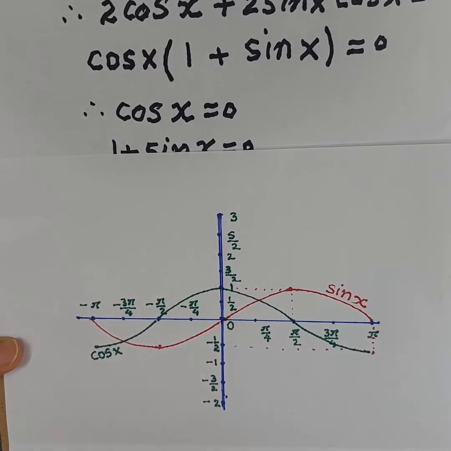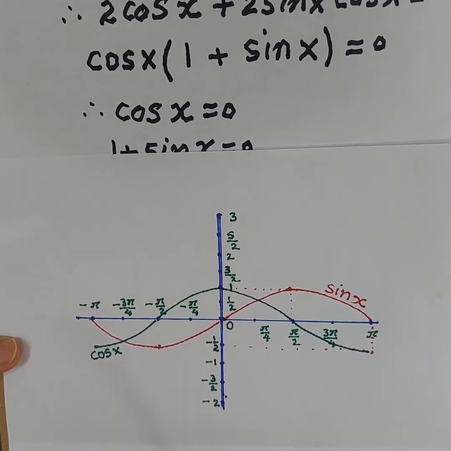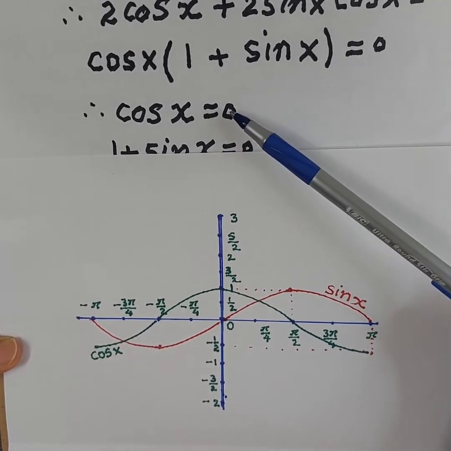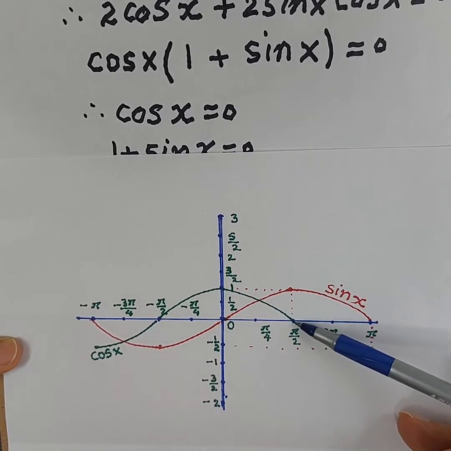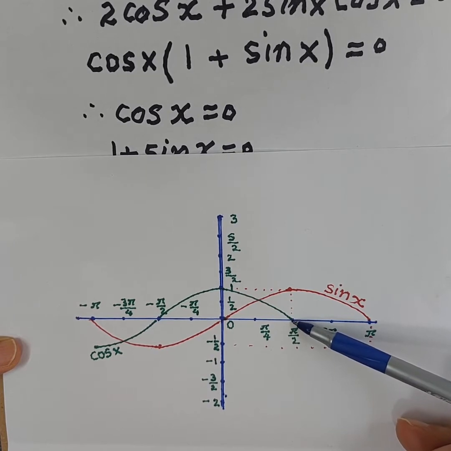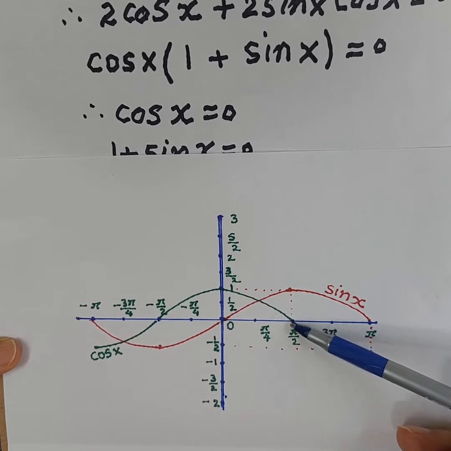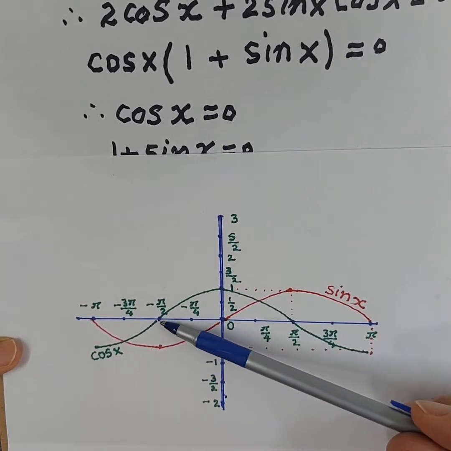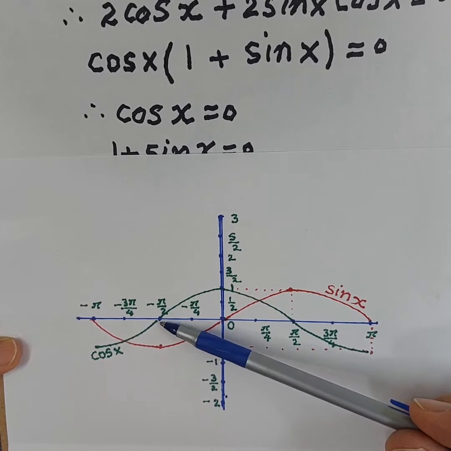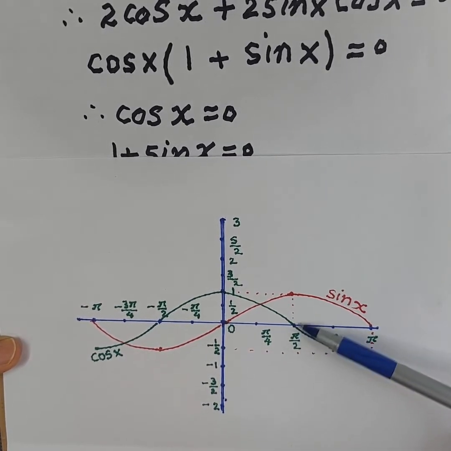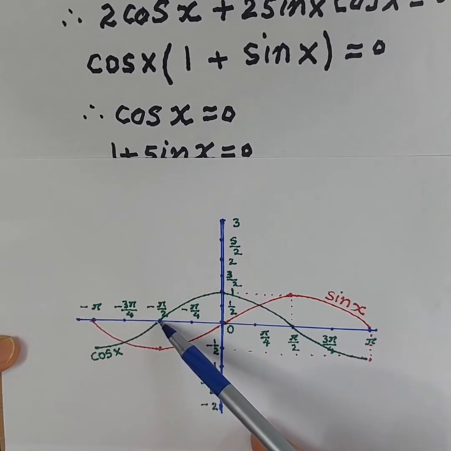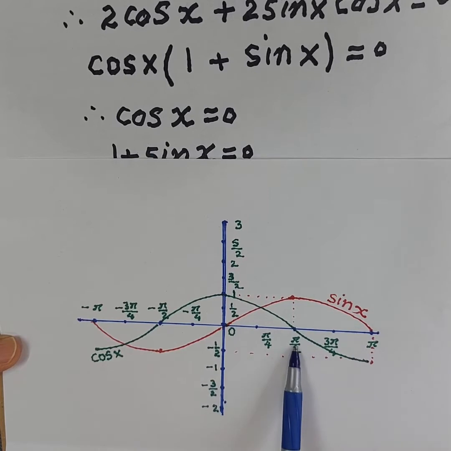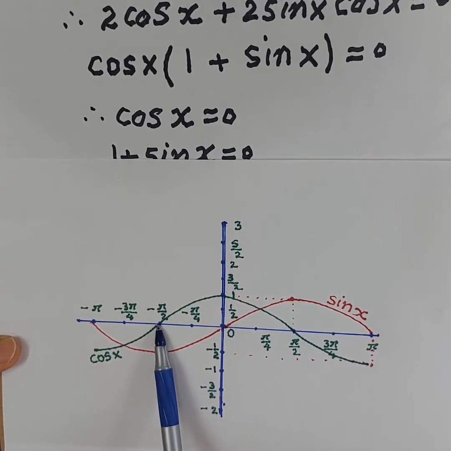When we study each one of those two graphs, we find cosine will be 0 here, which is the point of intersection with the x-axis, and here also 0. The first one is pi over 2, and the second one is minus pi over 2.